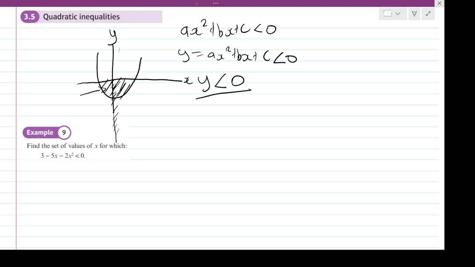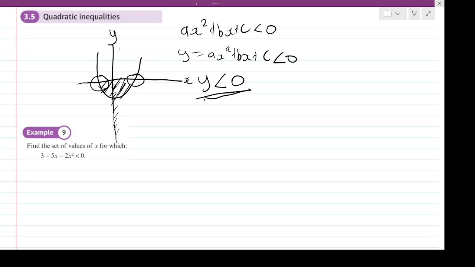So what this is telling us is the region we're looking at. We want to solve the inequality, the x values where the curve is below the x-axis. So when does the curve dip below the x-axis? Well, it's going to be this point and this point.